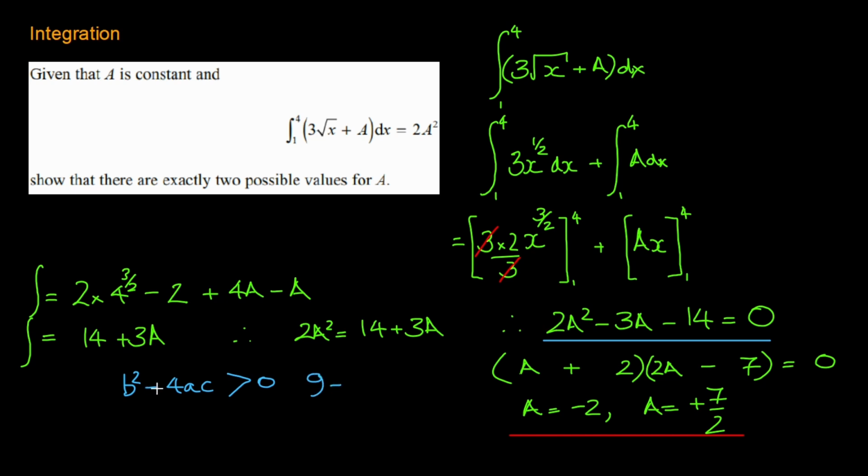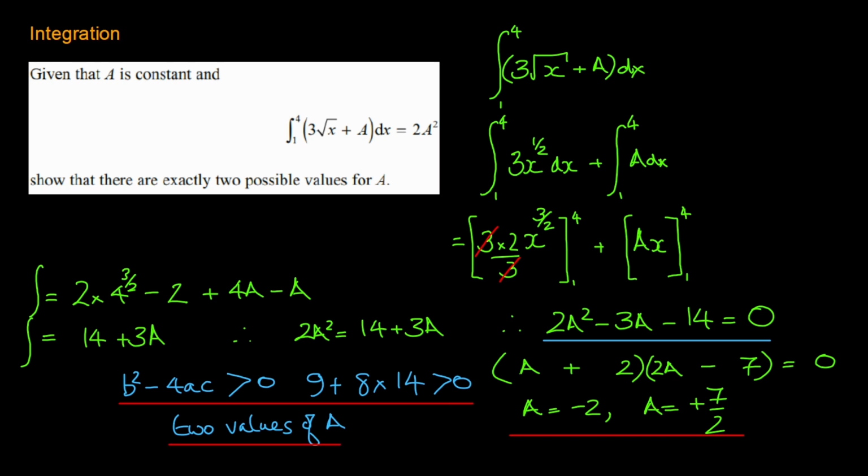We've got a negative from the formula, but c is negative, so this will be positive. 4 times a is 8, multiplied by 14, which is definitely greater than 0. So this proves that there'd be 2 values of a. And that also would be a perfectly valid solution for the question. There we are.